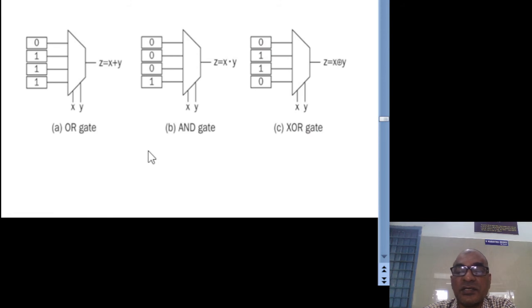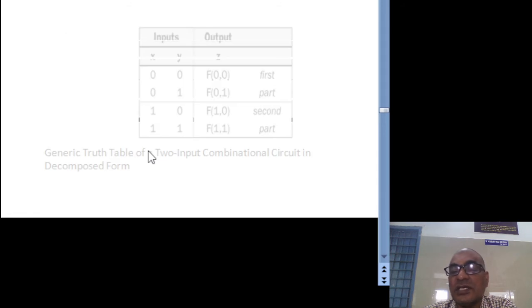But this also can be implemented using 2x1 multiplexers.